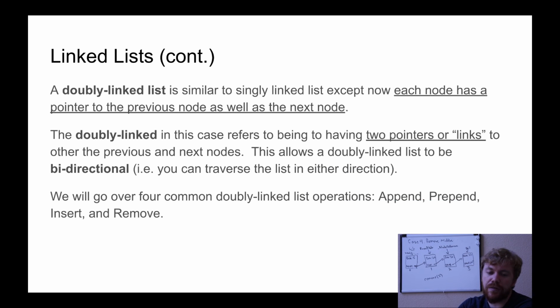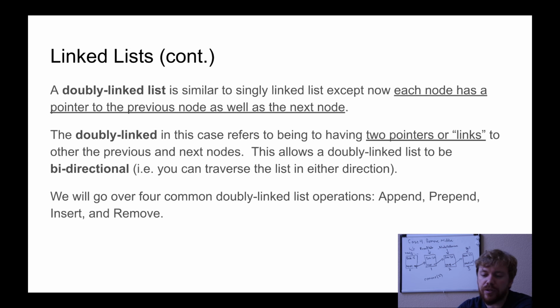So now we'll talk about the doubly linked list. It's similar to the singly linked list, except now each node has a pointer or a reference to the previous node as well as the next node. So the doubly linked in this case refers to having 2 pointers or links to the previous and next nodes, respectively.